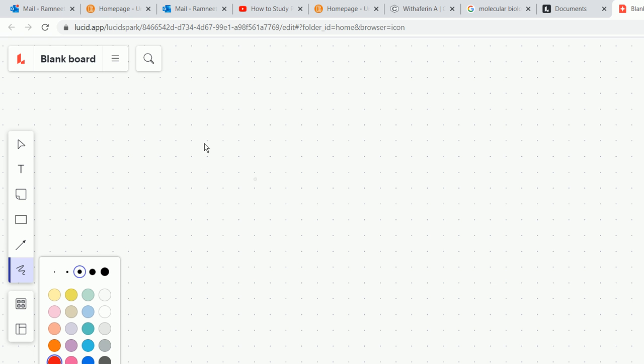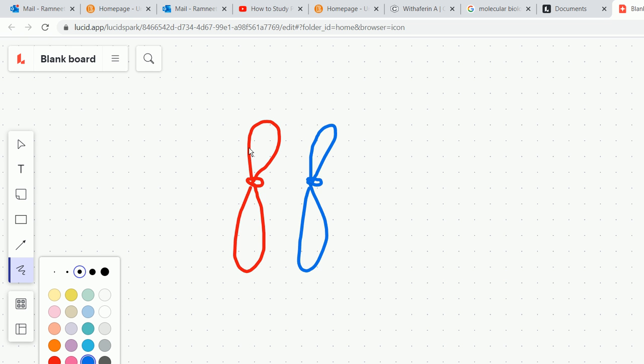So suppose this is your maternal chromosome. I'm making it with red color. Now let me make the paternal chromosome with blue color. Suppose here is the gene for the flower color, and at the same place on the paternal chromosome is the gene for the flower color.